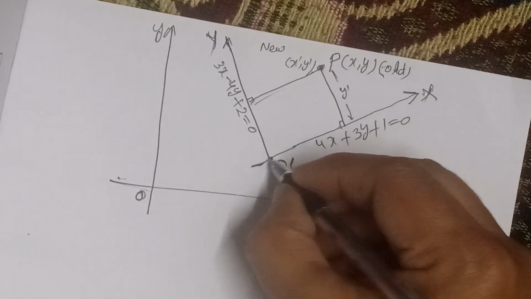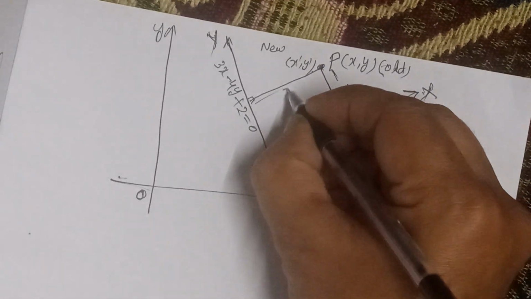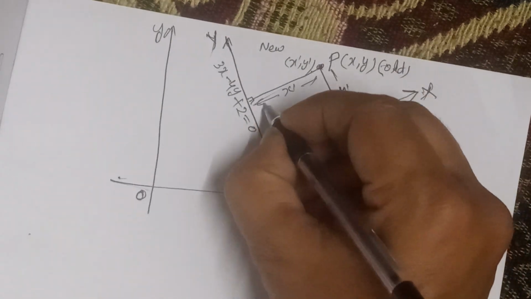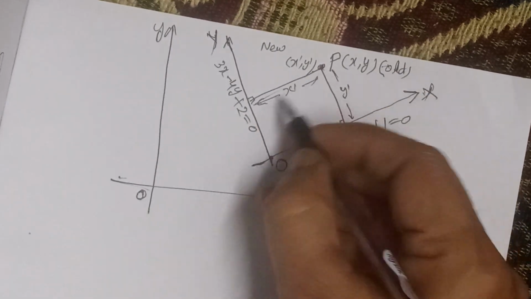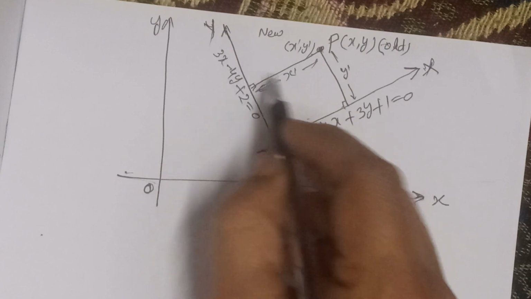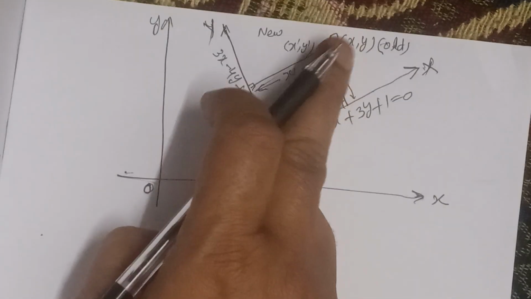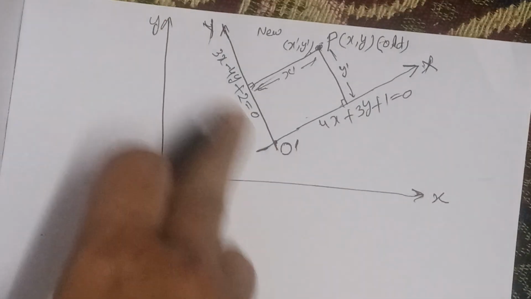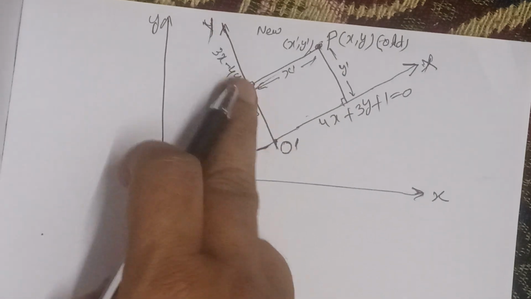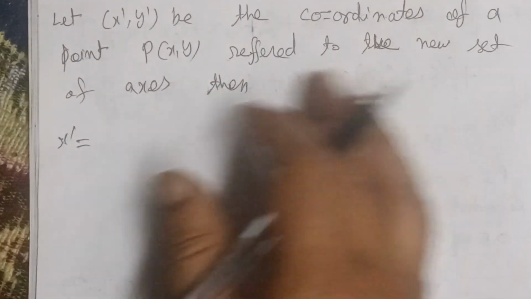So this is x dash, so this also x dash, and we can say that x dash is perpendicular distance from point P to y axis. Y axis means new y axis.